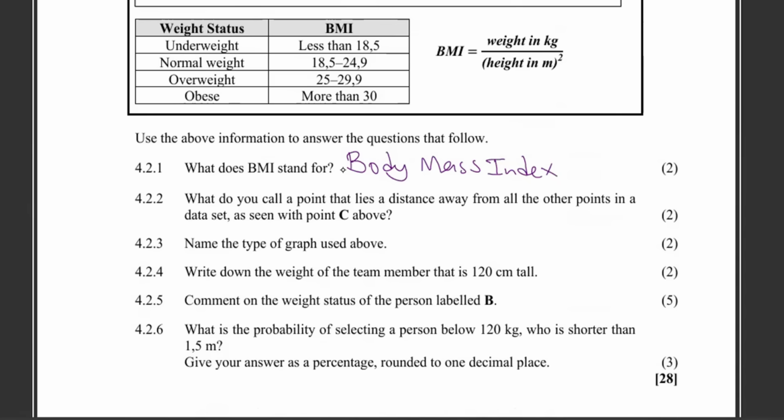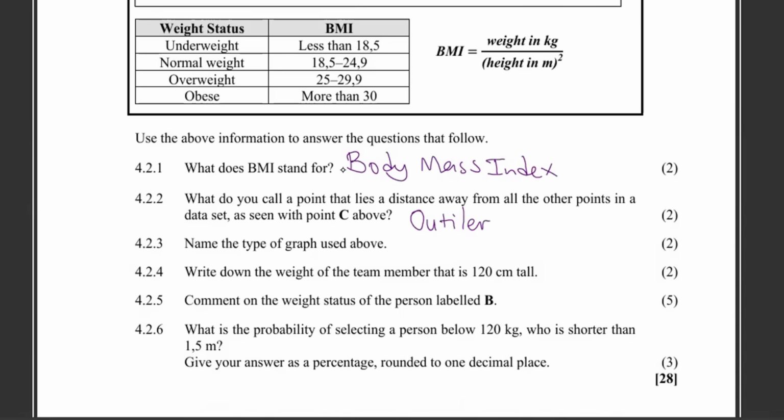What do you call a point that lies a distance away from all the other points in the data set as seen with point C above? This could be what we call an outlier.